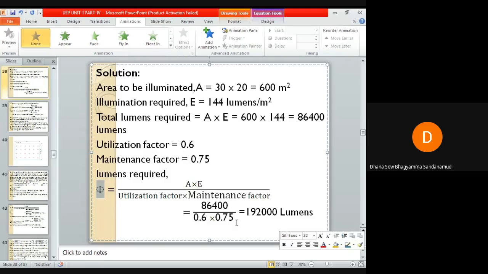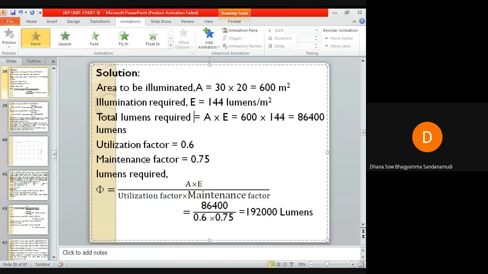But we know utilization factor and maintenance factor play an important role. So this flux is without considering utilization and maintenance. This lumens is considering utilization factor and maintenance factor.